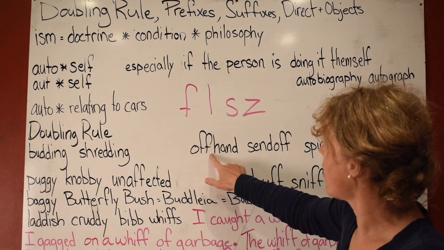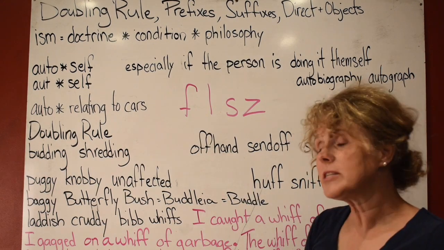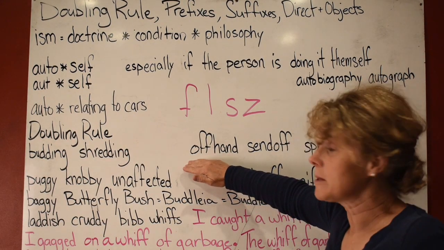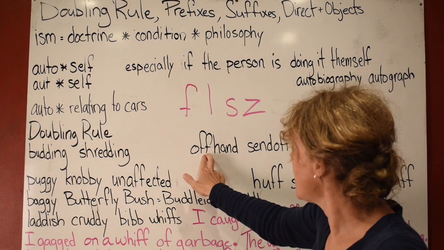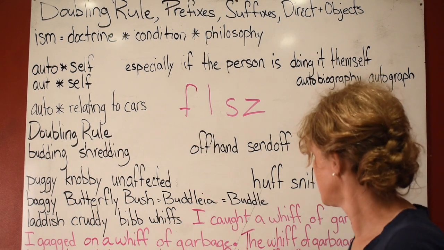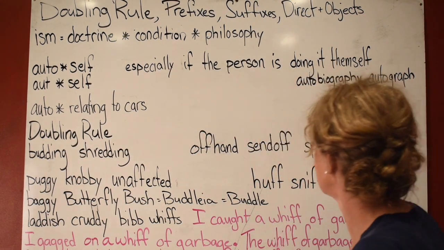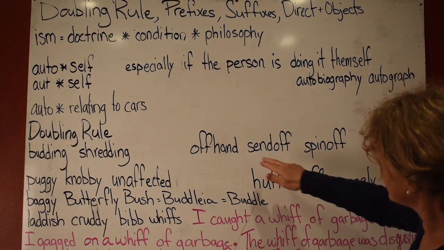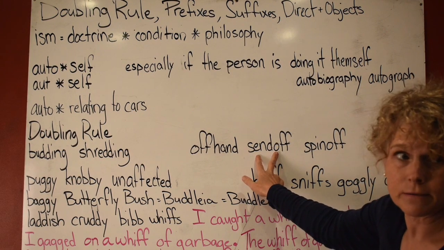So this says off, hand. But oftentimes this will be at the end of words. The reason why it's in here like this is because it's a compound word. Okay, so now we have two vowels here again.